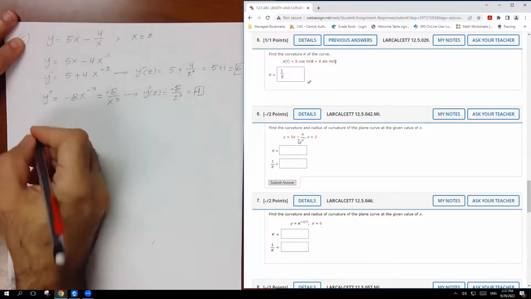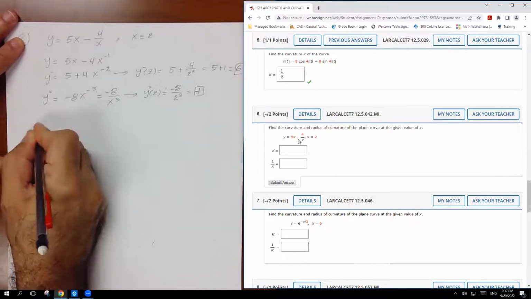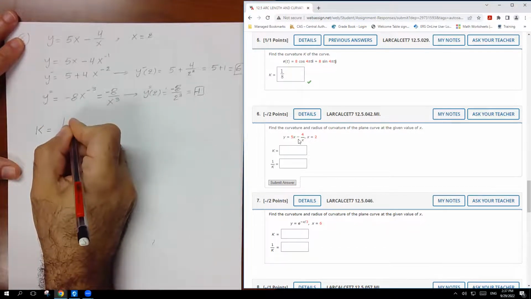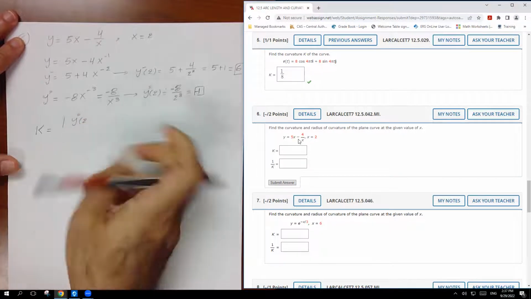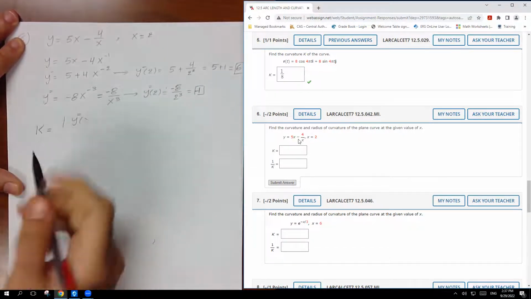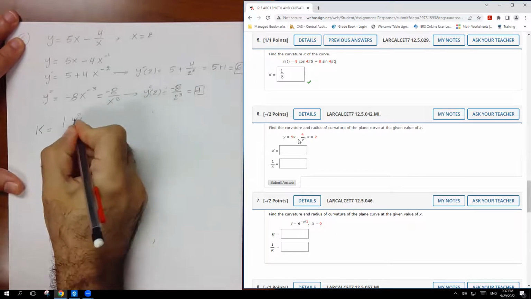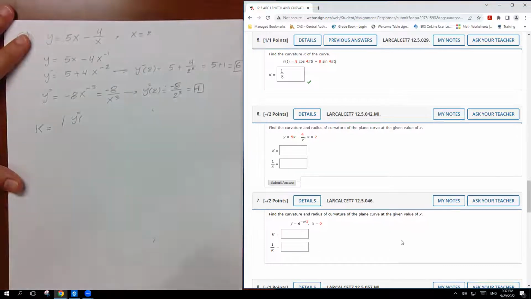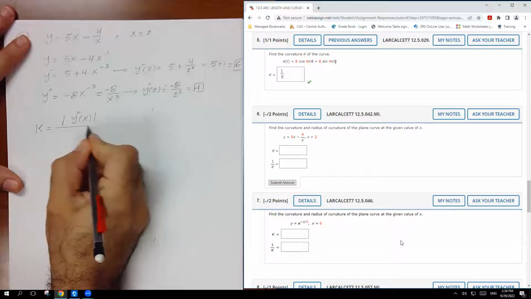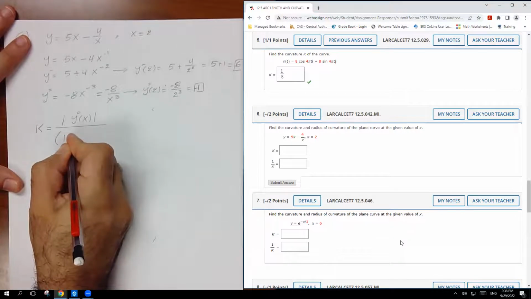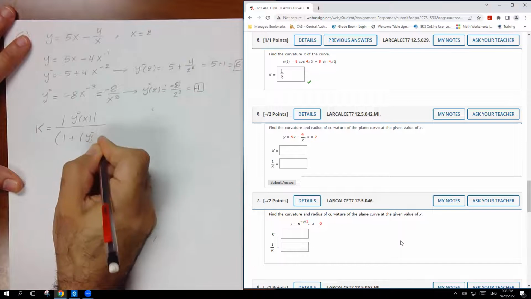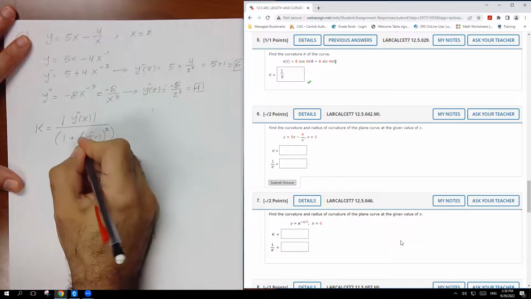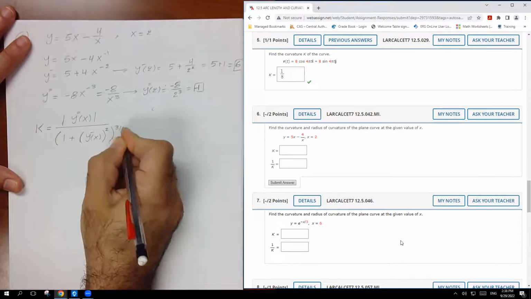Then next step, the formula we're going to use to find the curvature, if we have xy coordinates, is the absolute value of y double prime at the point x over 1 plus y prime squared, and everything to the 3 over 2.